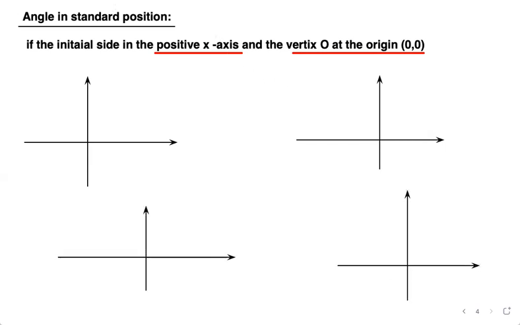For the first one, my initial side is this side. My initial side must be on the positive x-axis. And my terminal side can be in the first quadrant, the second quadrant, the third quadrant, or the fourth quadrant.